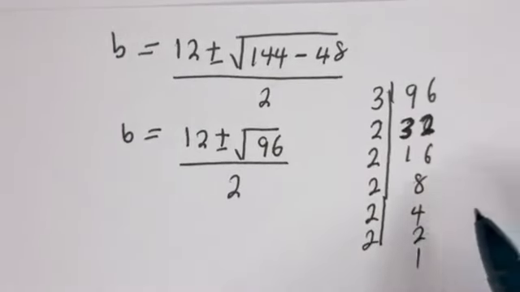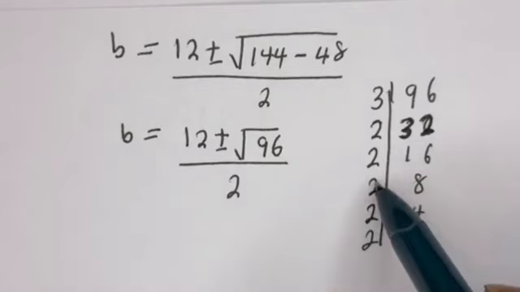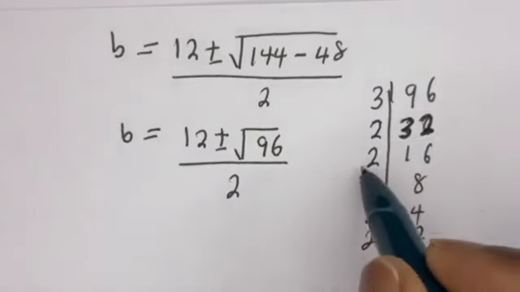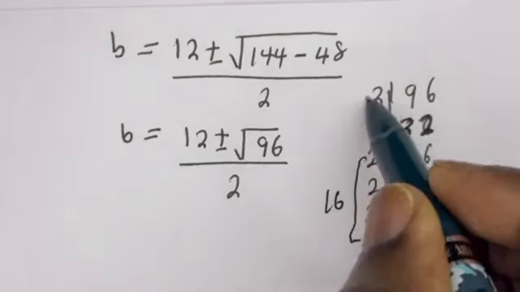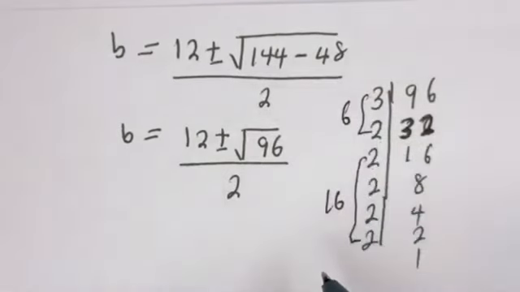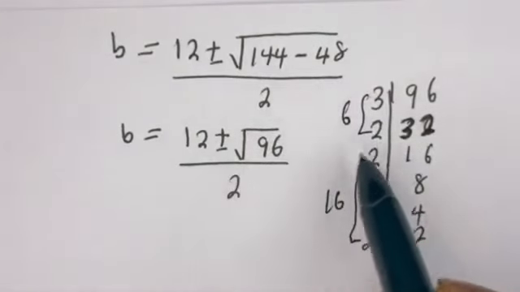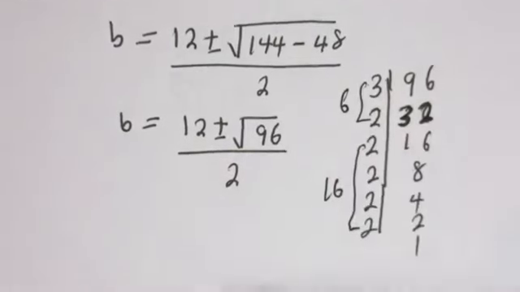Now, 2 times 2 is 4, times 2 is 8, times 2 is 16. From here is 16, and the 3 times 2 here is 6. Therefore, this 96 can be written as 16 multiplied by 6.